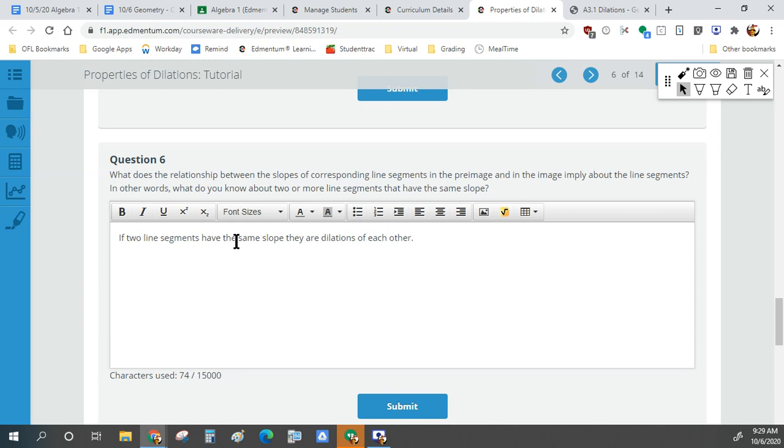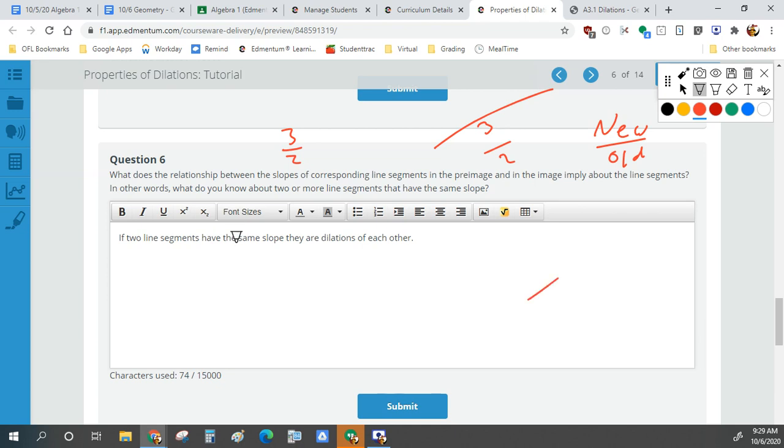So if they have the same slope, there's some number we can multiply a line by, even if it's a weird number. So let's say I had a line, this is 2, and then this one is 3. The way you always do this is you always do the scale factor as new divided by old. So in this case, the scale factor would be 3 over 2.